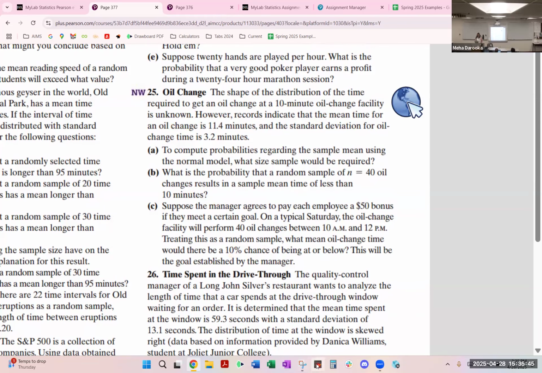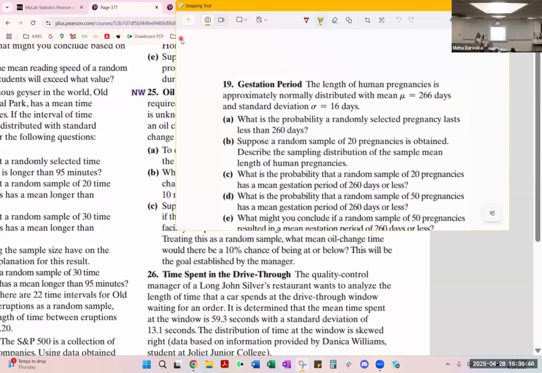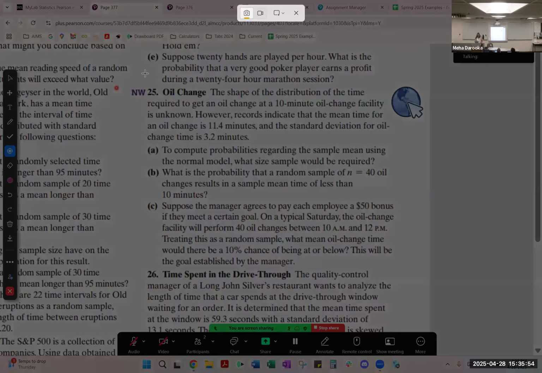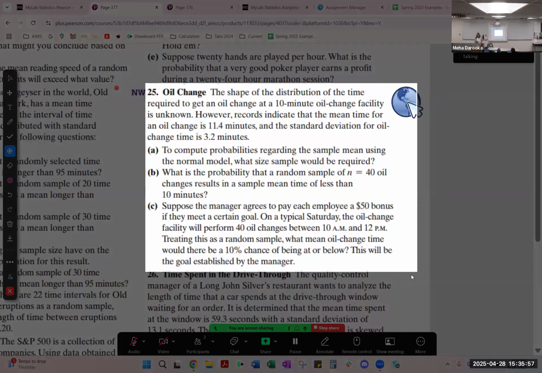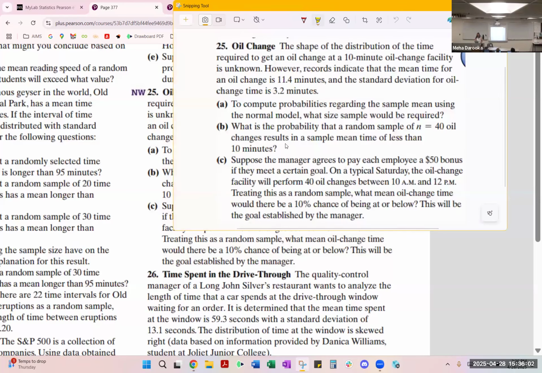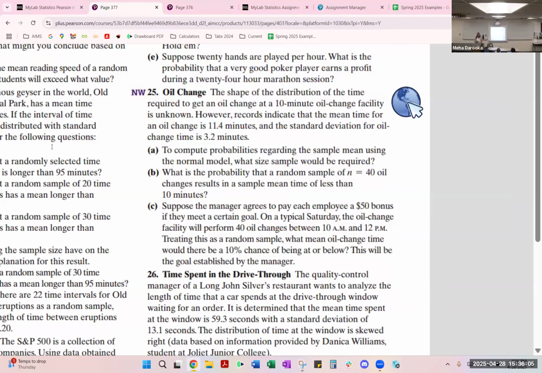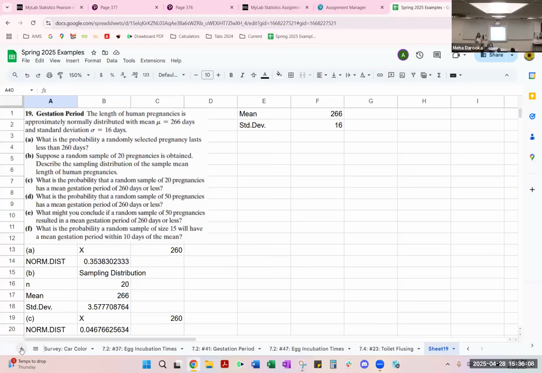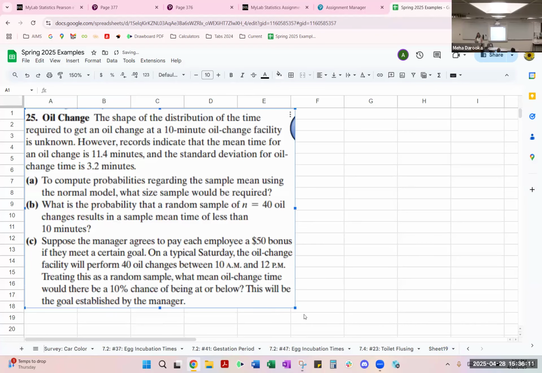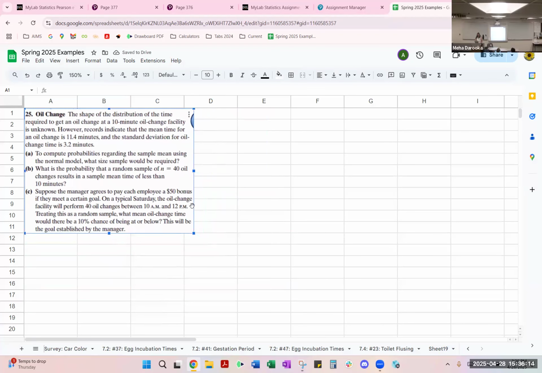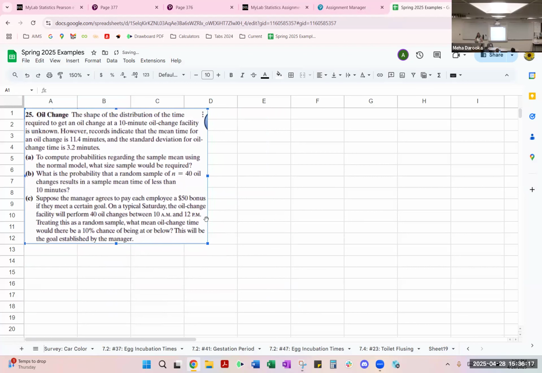Okay, so number 25 is telling us it's an unknown shape of the distribution. The shape of the distribution of the time required to get an oil change at a 10-minute oil change facility is unknown.